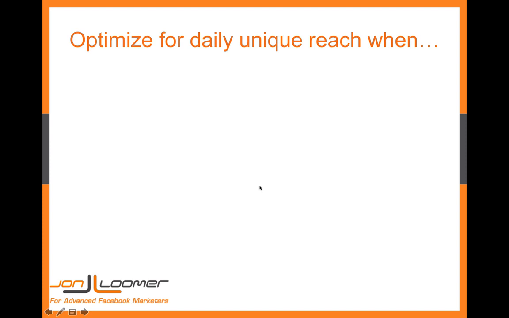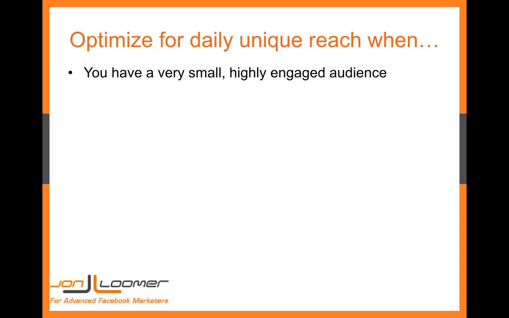Now, daily unique reach is an option, again, that we talked about a little bit before, that I've used in the past. I have since kind of replaced that with the reach optimization, but that's not available within the conversion objective. But you can optimize for daily unique reach when you have a very small, highly engaged audience.